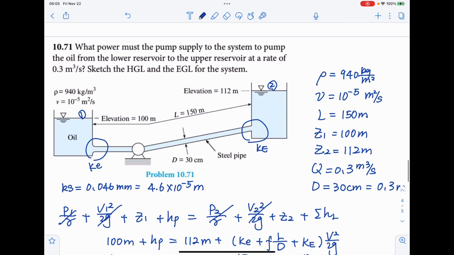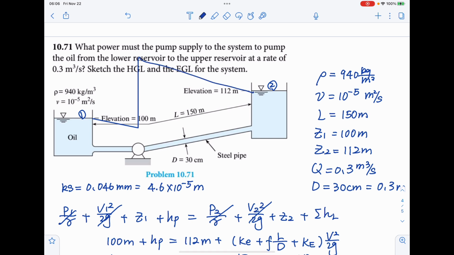And the problem also asks us to draw the hydraulic grade line and the energy grade line. So we'll start with the energy grade line. So it will be starting at the water surface, goes to the pump, like here. And the pump will pump it up, something like that.